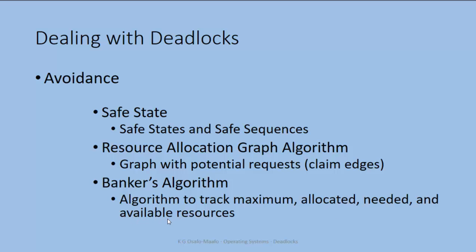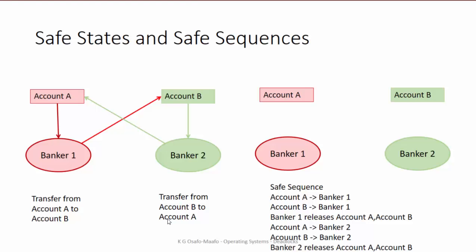Right. So let's take a look at some of these. So safe state. Looking at safe states and safe sequences. If you look at the diagram we had before where there was a deadlock, one of the things that a system can do before it allows operations to happen is to try and think through, is it possible to have a sequence of acquisitions such that deadlocks won't occur?